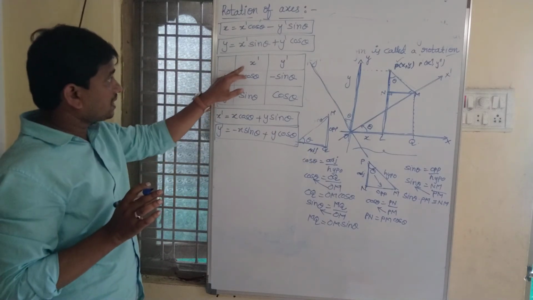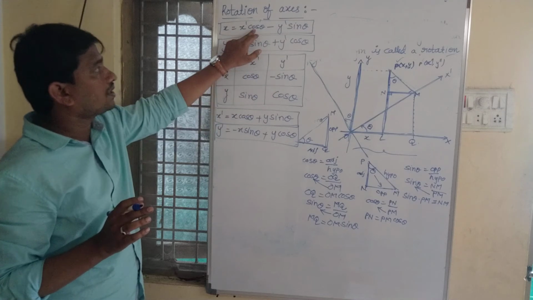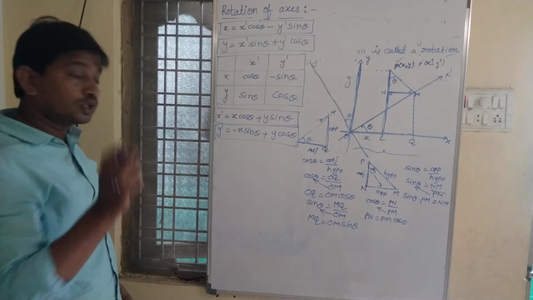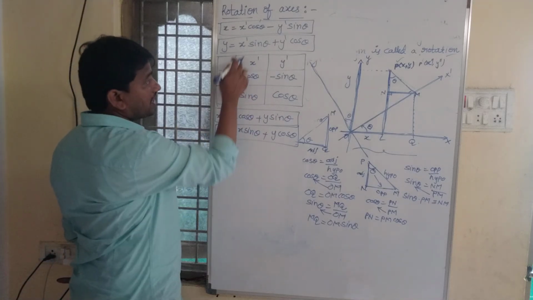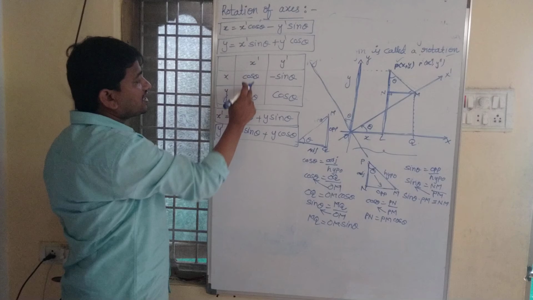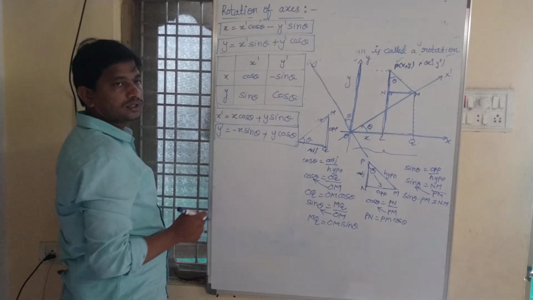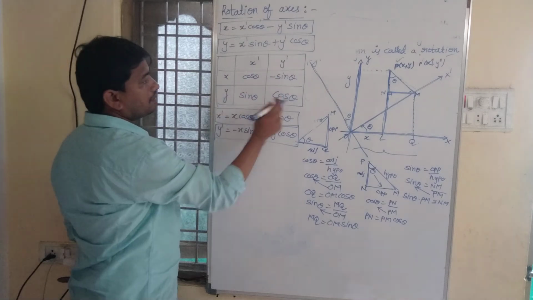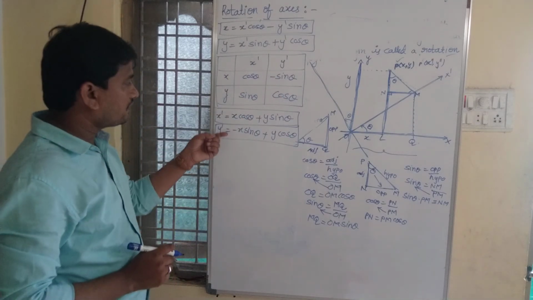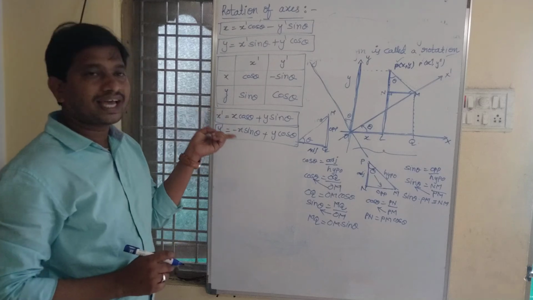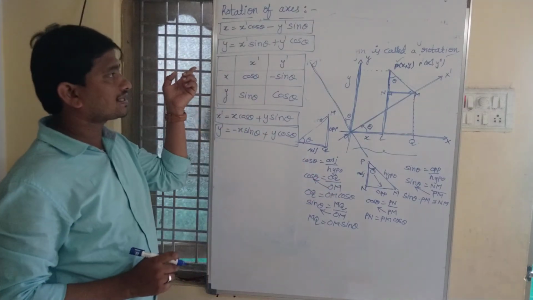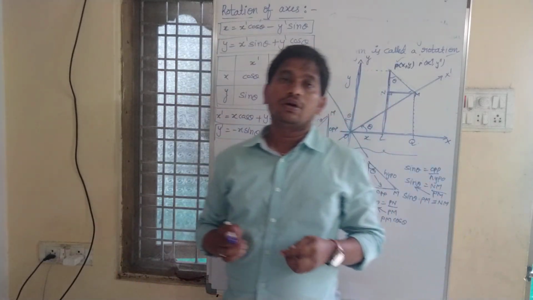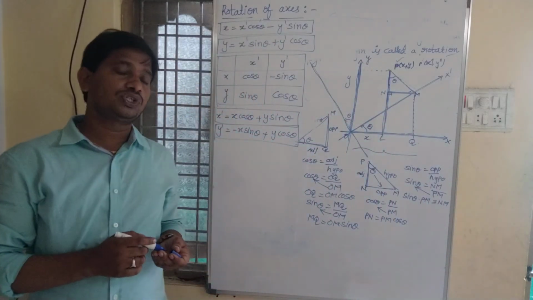Is it clear? x means x dash cos theta minus y dash sin theta, and y is x dash sin theta plus y dash cos theta. To find x dash, x cos theta plus y sin theta; to find y dash, minus x sin theta plus y cos theta. This is the way we can find both x dash and y dash as well as x and y. So in this way we can find the new axis as well as the original axis.